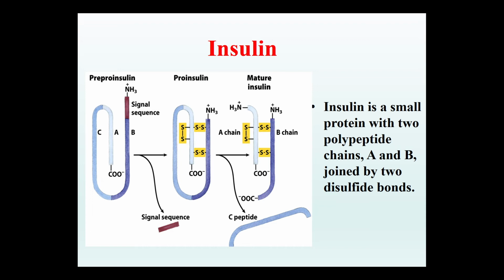Proteolytic removal of the signal sequence, you see here, and formation of the disulfide bonds produce proinsulin, which is stored in the secretory granules in the beta cell. When elevated blood glucose triggers insulin secretion, proinsulin is converted into active insulin by specific peptidases, which cleave two peptide bonds to form the major insulin molecule and the C-peptide. The C-peptide contains 31 amino acids.